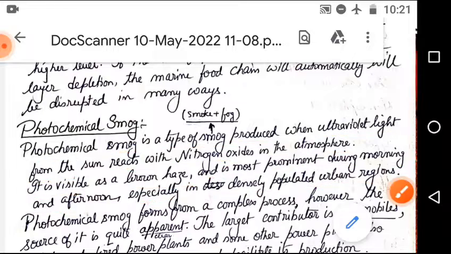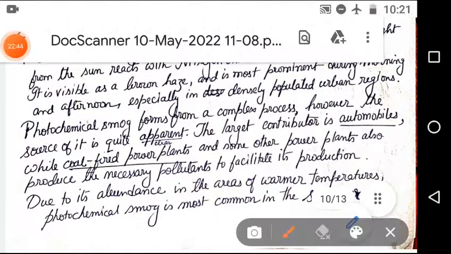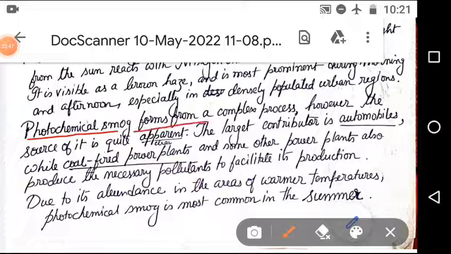Now, photochemical smog is not a single chain reaction process. It forms through a complex process. Well, photochemical smog is not a direct single reaction, just like the ozone depletion that I have discussed with you, how the chlorine interacts, breaking the ozone into molecular oxygen. Just like that, photochemical smog occurs through a series of steps.